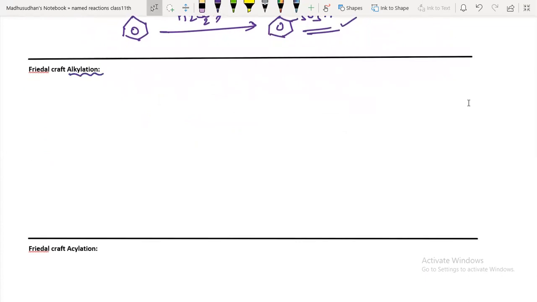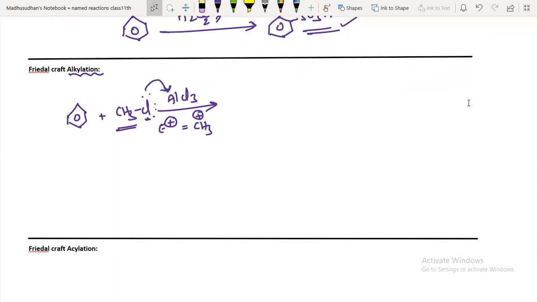Next, Friedel-Crafts alkylation. Alkylation means R groups you have to take. In this, benzene reacts with methyl halide, or RCl, in the presence of a Lewis acid. The electrophile formed is CH3 plus, which is attached to chlorine. Chlorine's lone pair donates to aluminum because AlCl3 acts as a Lewis acid.